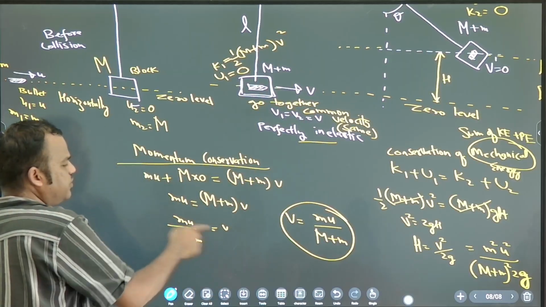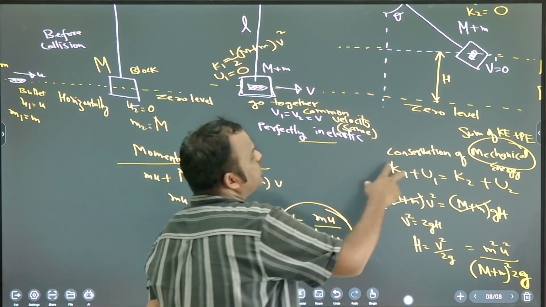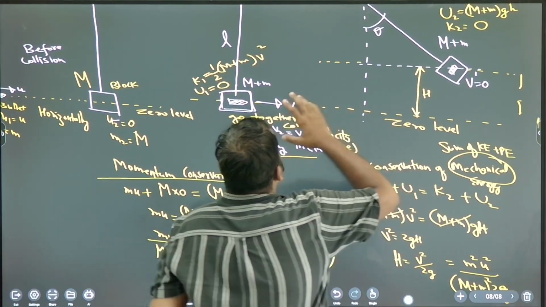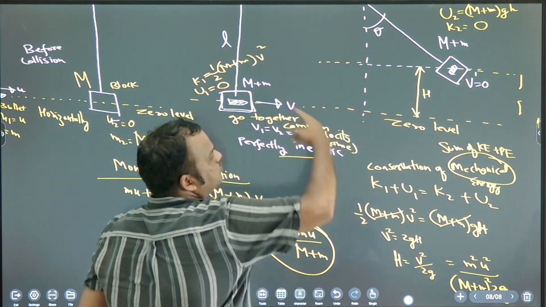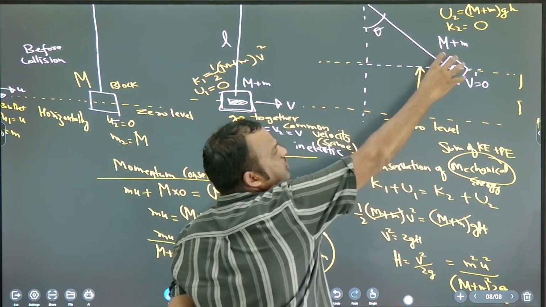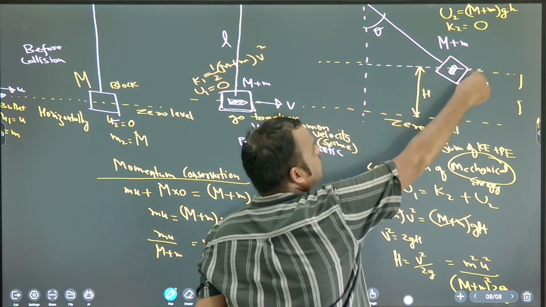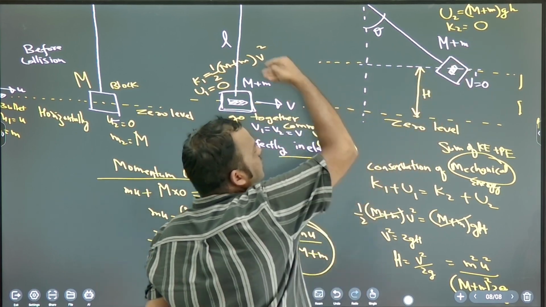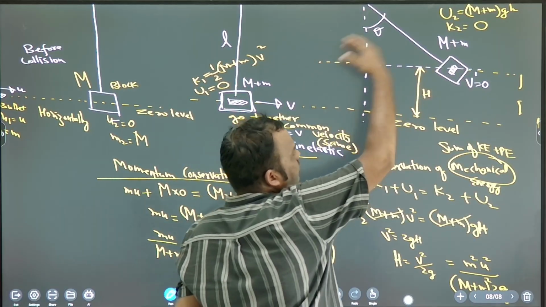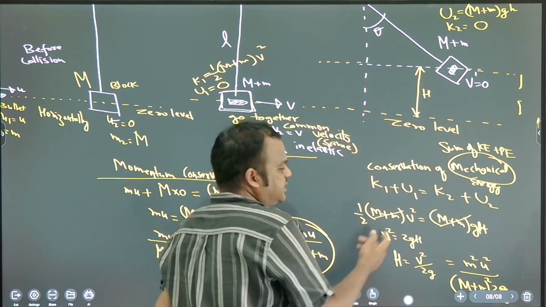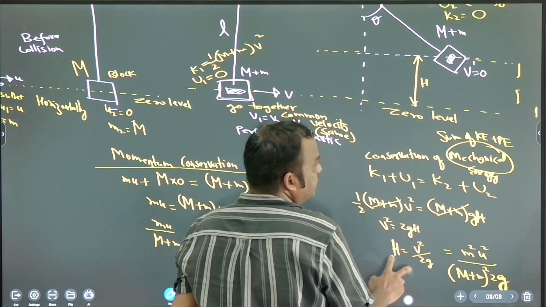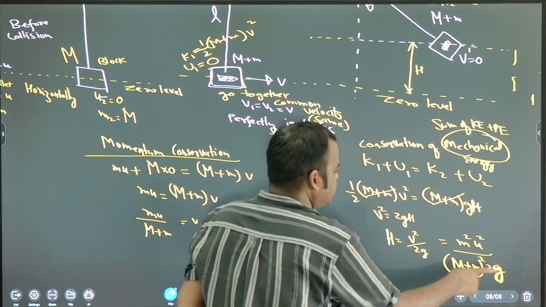So v you are getting is mu by (M plus m). Now next, the block and bullet will go together. Final velocity 0. Then again it will come back. They will oscillate. So the maximum height it is going is H, and the formula is this. Okay, clear? Mechanical energy conservation.